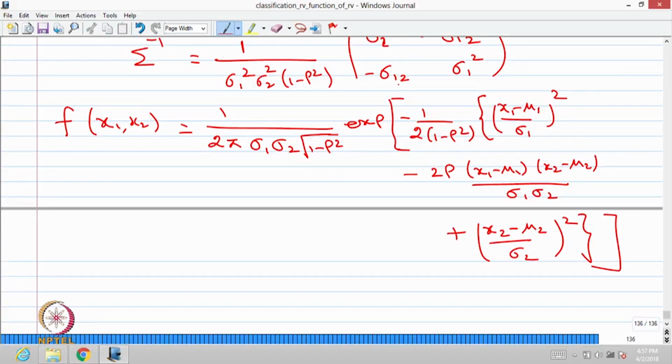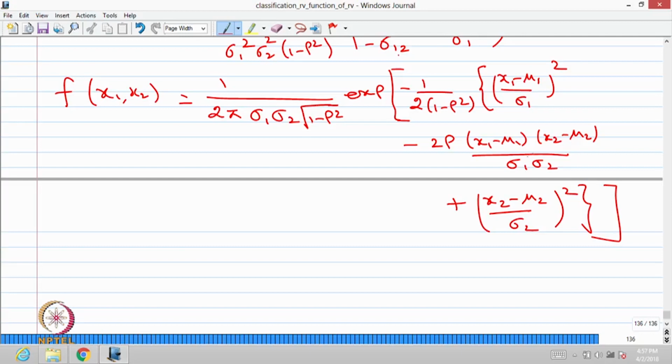So, this is the joint probability density function of a bivariate normal distribution in which each one is normally distributed with the parameters mu 1, sigma 1 square. Here there is another observation: we are not making the assumption that both the random variables are independent. If they are independent, then the correlation coefficient becomes 0, and the middle term will vanish.